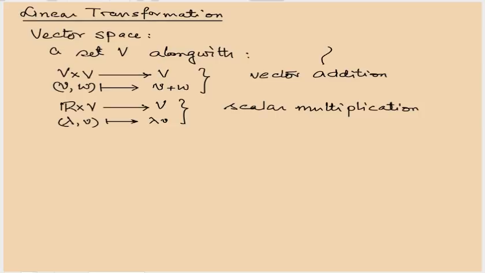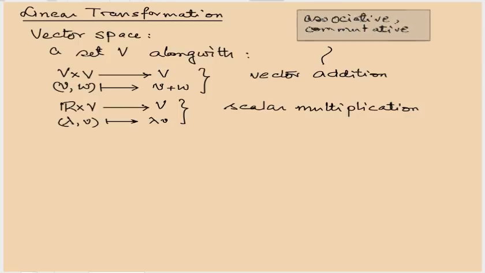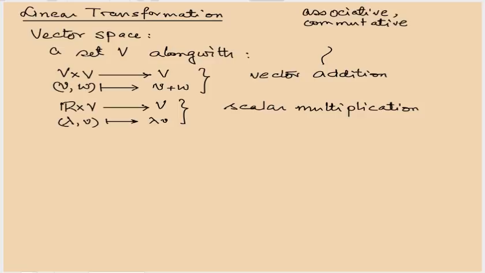The vector addition is associative, commutative, has an identity, which is called the zero vector, and has an inverse, the negative vector.